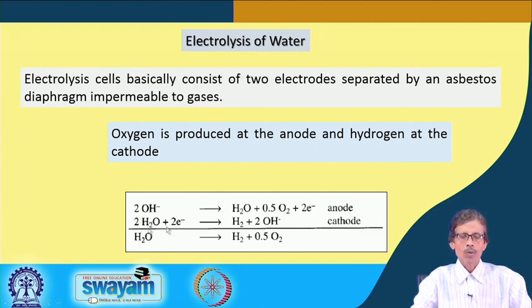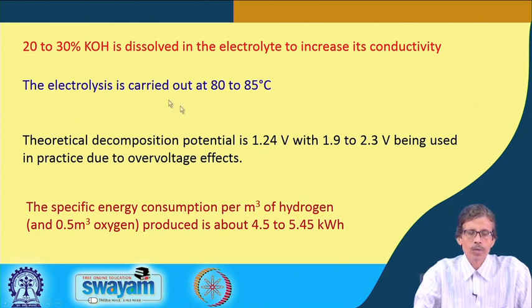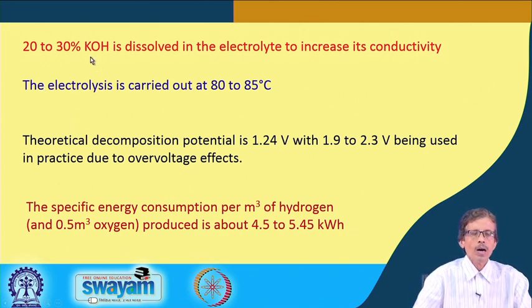Similarly, the water molecule, when it takes up 2 electrons, gives hydrogen as well as hydroxide ions back. So, at the cathode hydroxides are regenerated and those hydroxides are utilized for anode oxidation. Overall, the water molecule is utilized for the production of hydrogen as well as oxygen.